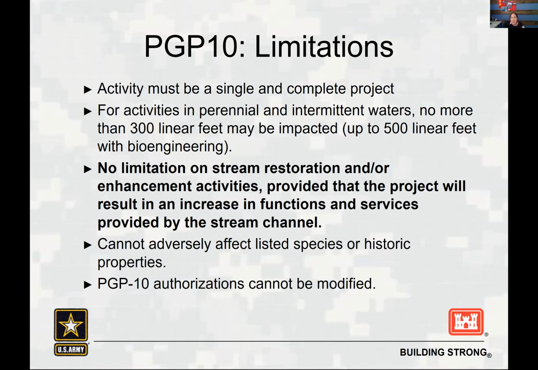Another thing to point out is that the general permit number 10 cannot be modified. And I believe that the state of Utah can modify their authorization. We cannot do that. So for example, if you go through the process and you get a verification for a PGP-10 for, let's say, 200 linear feet of impacts, and then you realize that your project will impact 250 linear feet, and then you come back and say, well, I need a modification for the additional 50 linear feet, we would have to go through the process again.